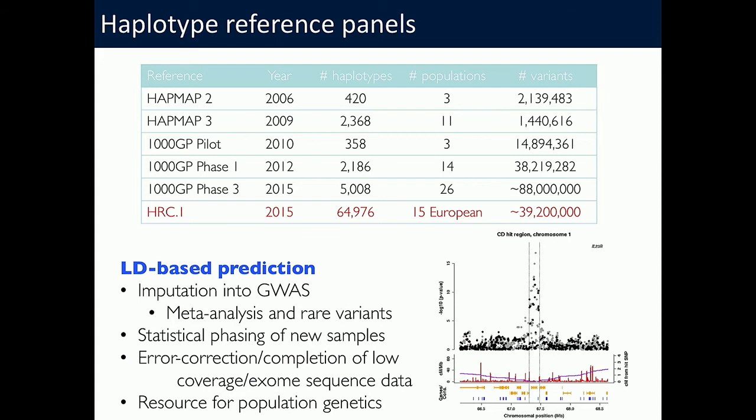They're mostly European, but we are planning to extend that across 40 million variants. So this is a really big increase in the number of haplotypes. And what do we use these for? The main use to date has been for imputation into genome-wide association studies.